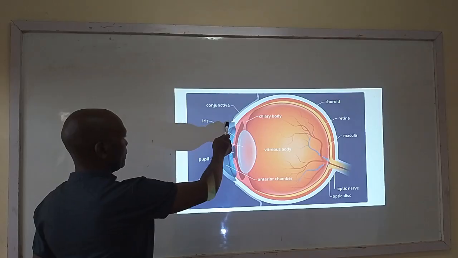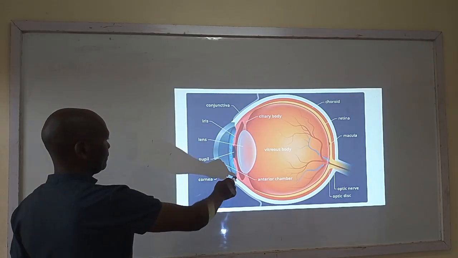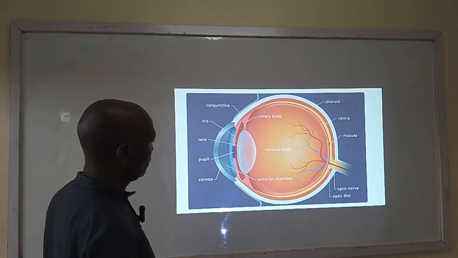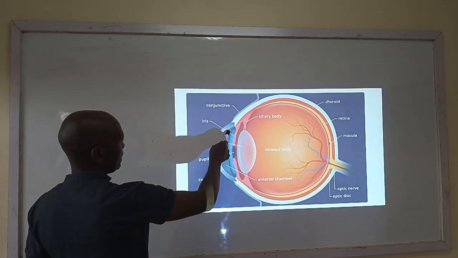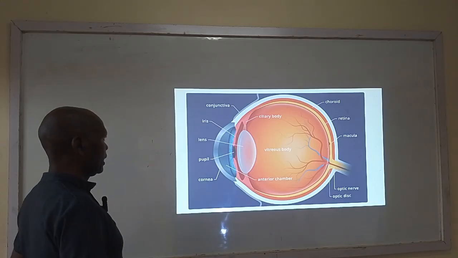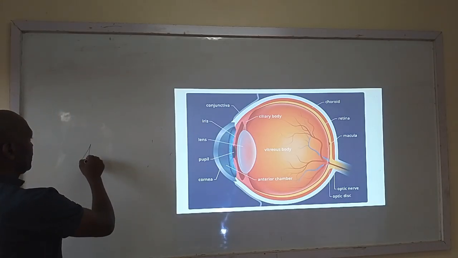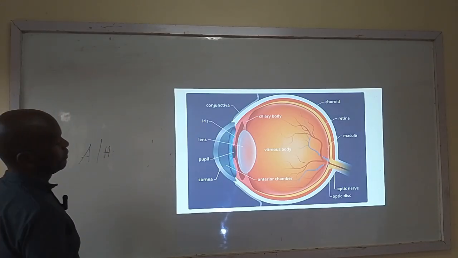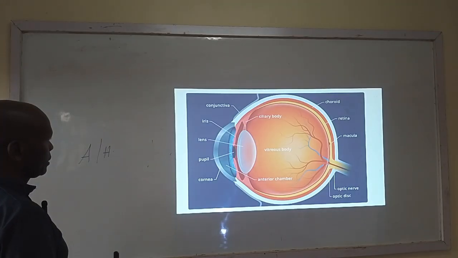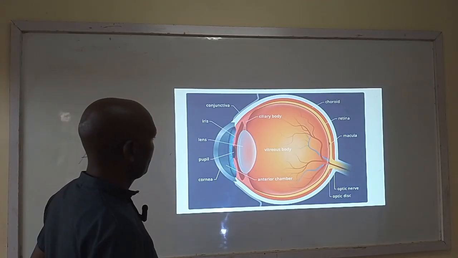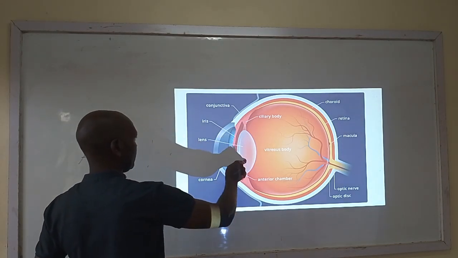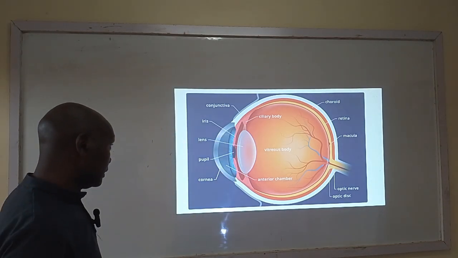So this part you see here is the cornea. That forms the first structure of the optical system. This space here we said is occupied by aqueous humor. That is also one of the structures of the optical system. Then we come to this transparent structure, which is the lens.